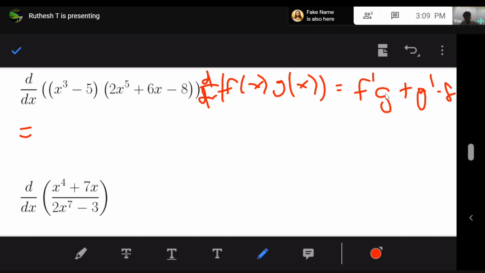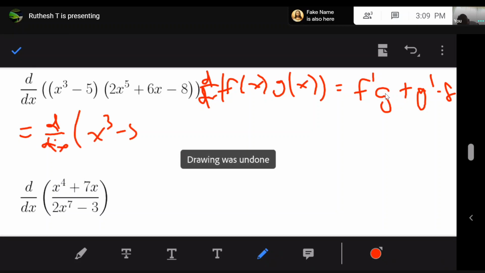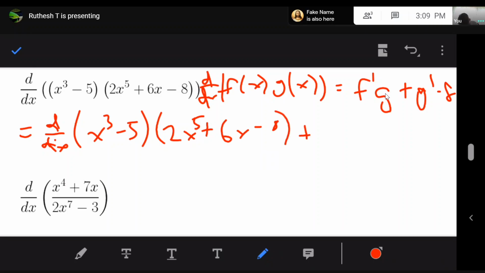And when you use it for this problem, you get the first function's derivative times the second function, plus the second function's derivative times the first function.